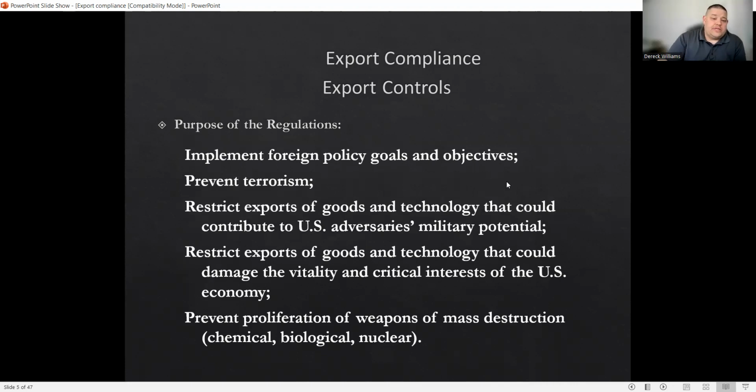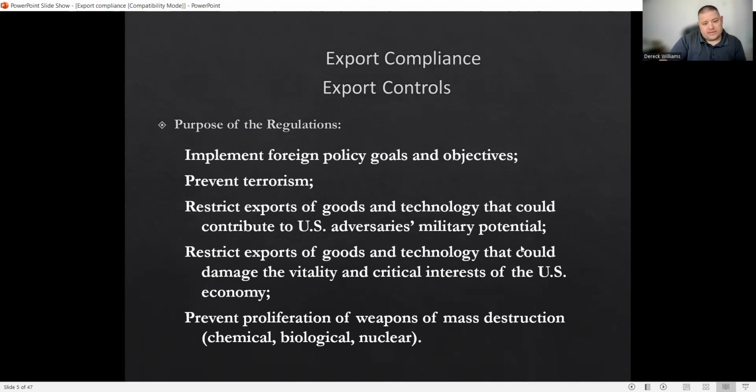The purpose of the regulation is to implement foreign policy goals and objectives. A big one is to prevent terrorism. We don't want to support terrorists getting their hands on things that are going to allow them to be better terrorists. We want to restrict the export of goods and technology that can contribute to adversary military potential.